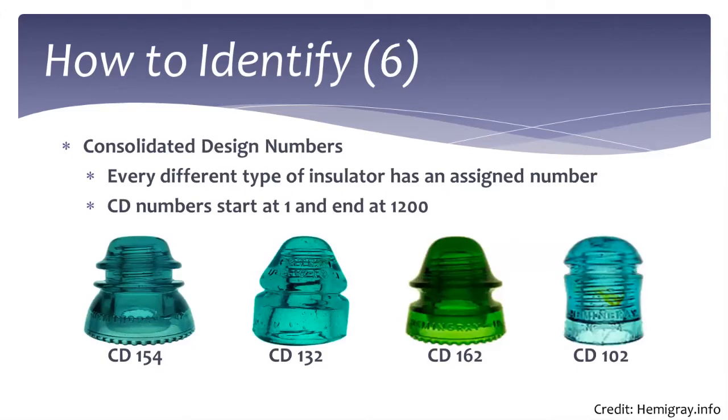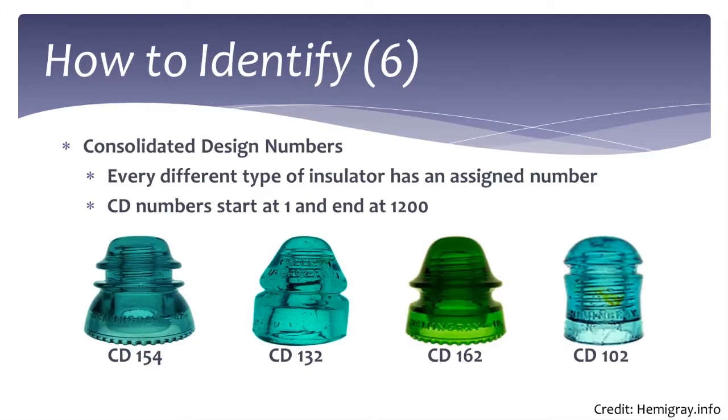Another thing to look for is consolidated design numbers. Every different type of insulator has an assigned number, and CD numbers will start from 1 and end at 1200. It corresponds to a type of style. So, for example, all insulators that look like this will be CD 154, all insulators that look like this will be 132, and so on and so forth. It's just a way to identify a particular style or look of insulator based on a design number.